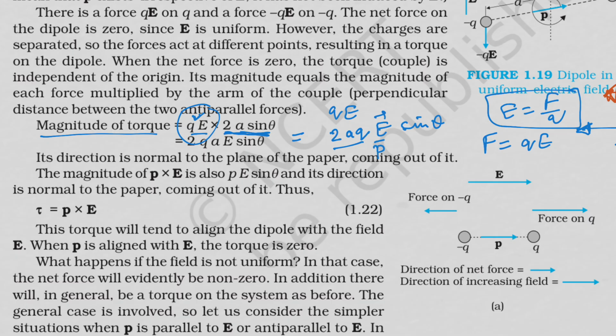P. Okay, dipole moment. So dipole moment multiplied by E and then sine theta. Sorry that I've included the vector here. So here we will not use vector even for the P. So this is the magnitude of the torque.